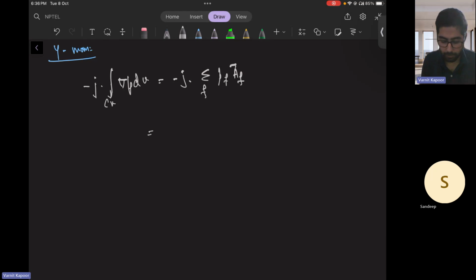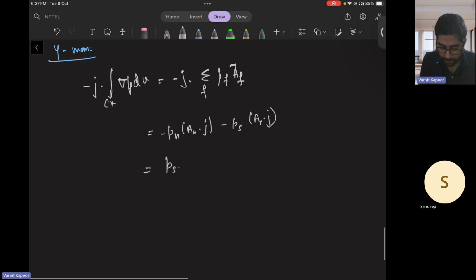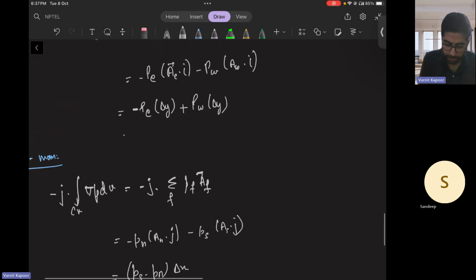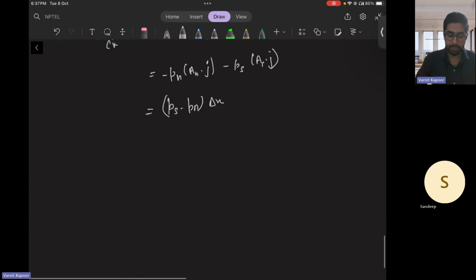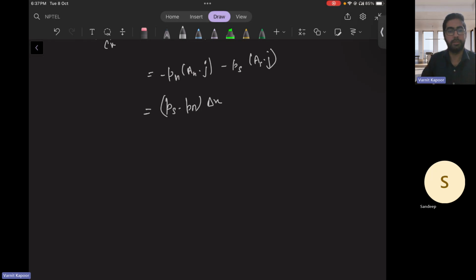So again, the contribution will come from north, PN AN dot J minus PS AS dot J. Again, north and area both are pointing in the same direction. So we can directly write it as PS minus PN into del X, like here I was writing PW minus PE into del Y. So this is the pressure contribution, discretization.